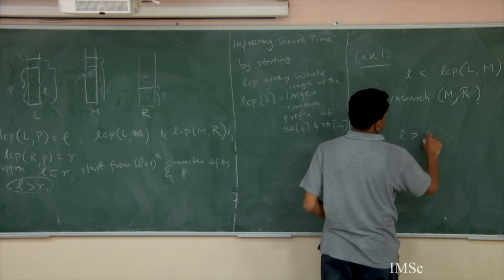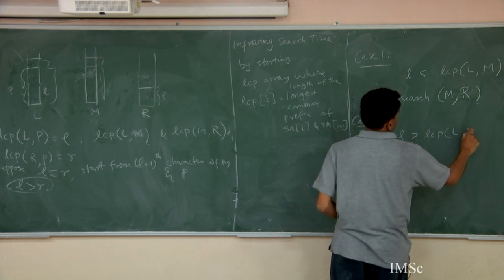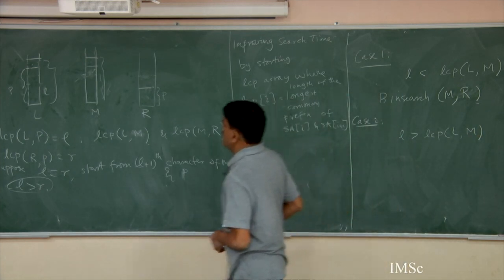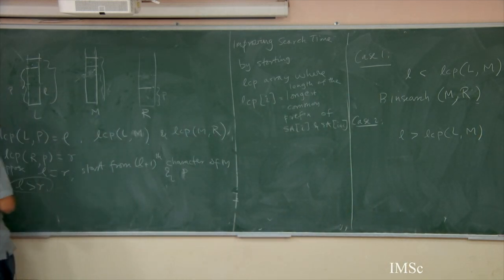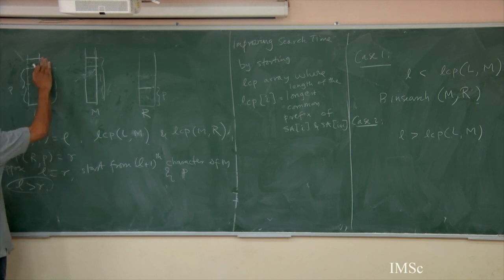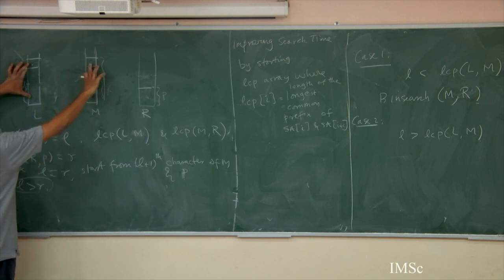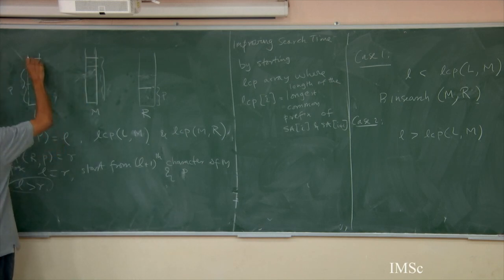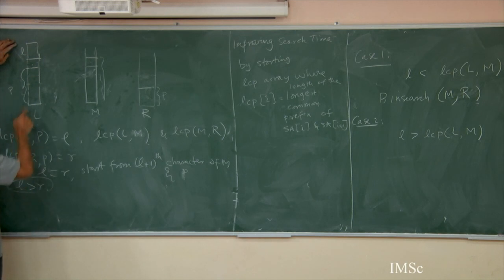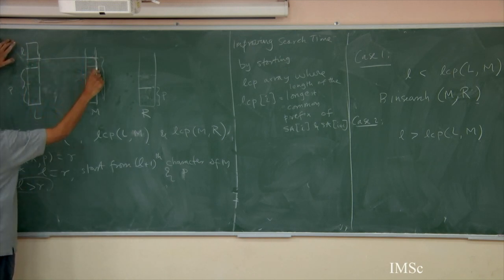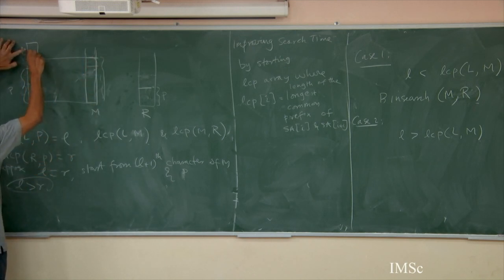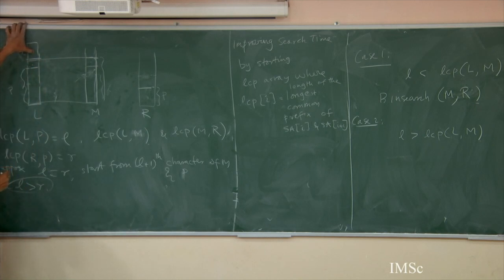Okay. Now, L is greater than the LCP, I get something similar, and what is that? So, again these two guys match up to here, but the pattern matched even more, because the pattern matched. So, these two guys are the same, but the pattern matched here. Okay.